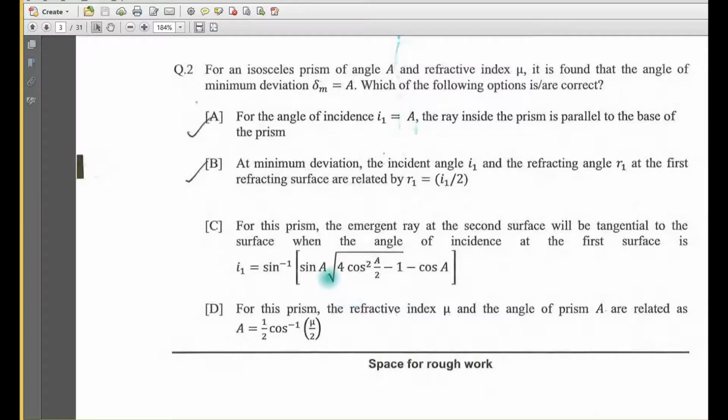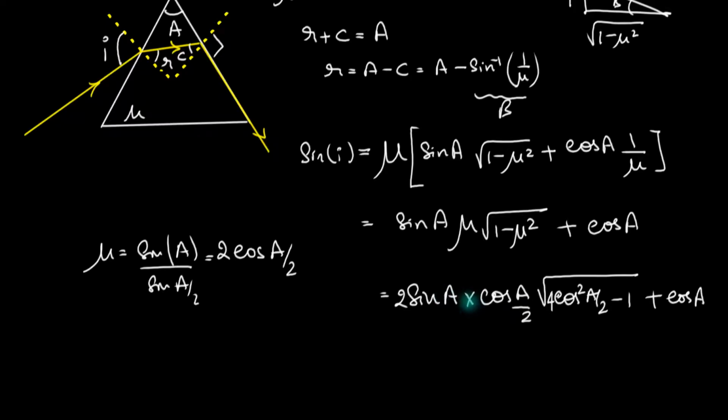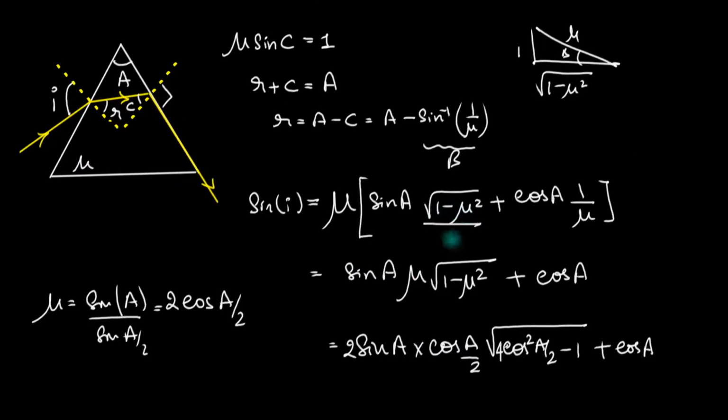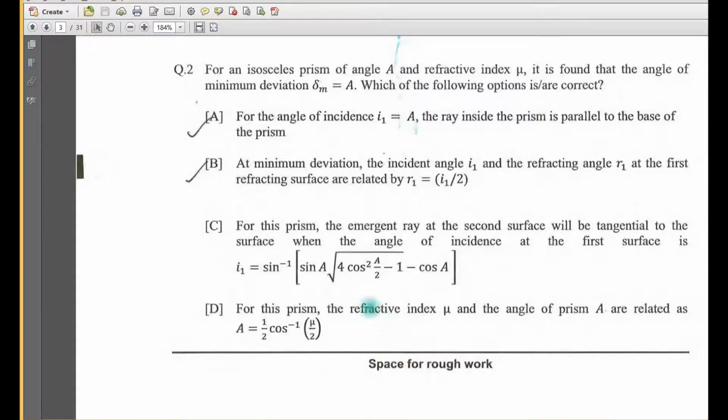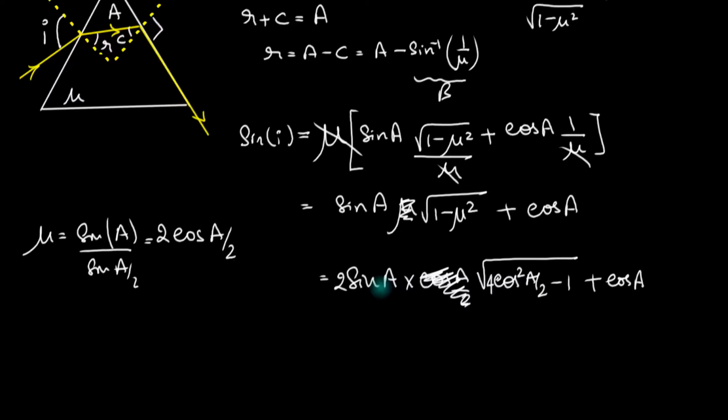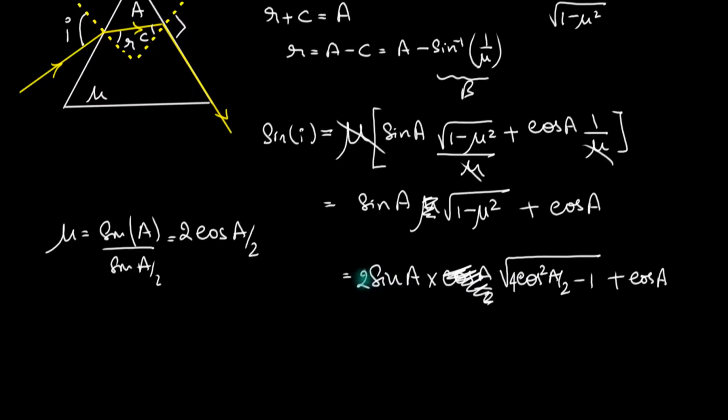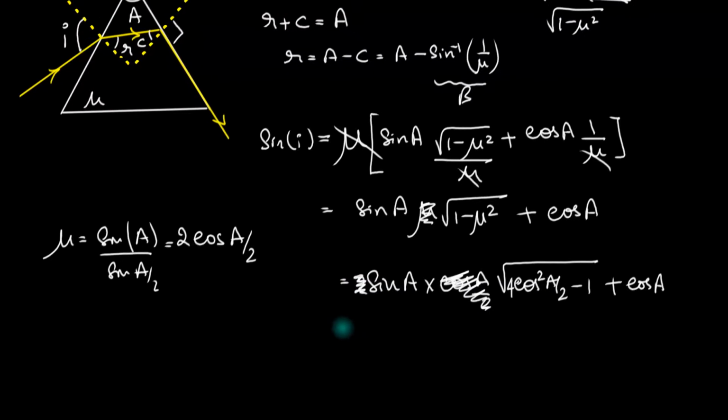So let's see whether that is the answer. Sine A times... okay. Oh, there's a mu down here. Oh, this is clumsy. This guy doesn't exist. I think that's right. Yep. Oh no, there's a factor of 2 missing? No, there's no 2 here. Okay, yeah.